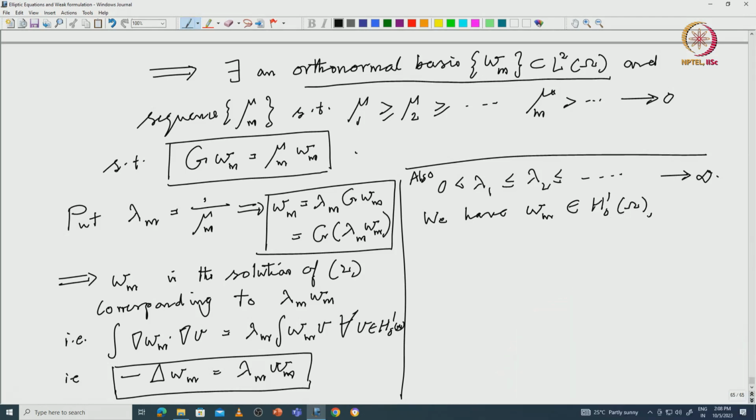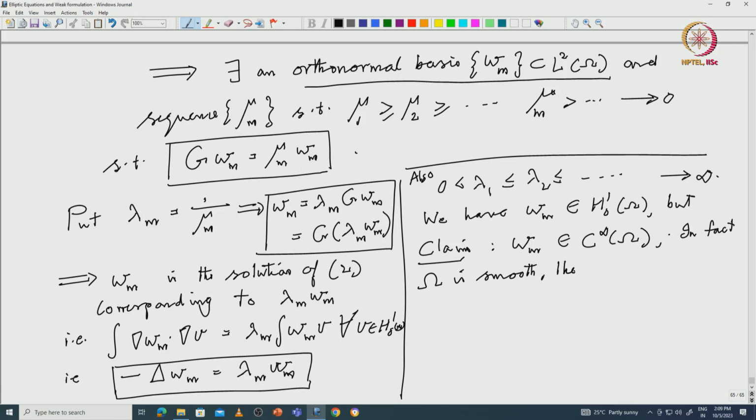But you can apply a regularity result to claim that Wm is in C infinity of omega, and in fact if omega is smooth enough, if omega is smooth, then Wm is in C infinity of the closure of omega. You can go up to the boundary.